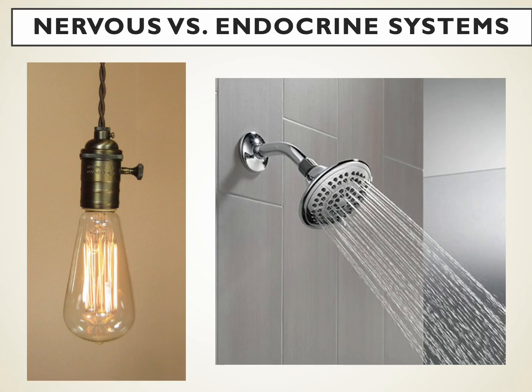If we think about what you might remember from the difference between the nervous system and the endocrine system, imagine you happen to be the first person awake in your household, and you take a shower in the morning. You go in the bathroom and turn the light on, and immediately the light comes on right away.